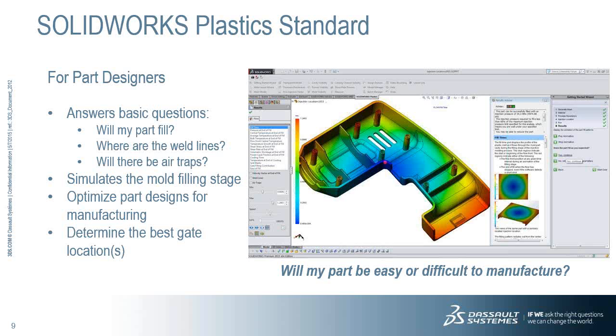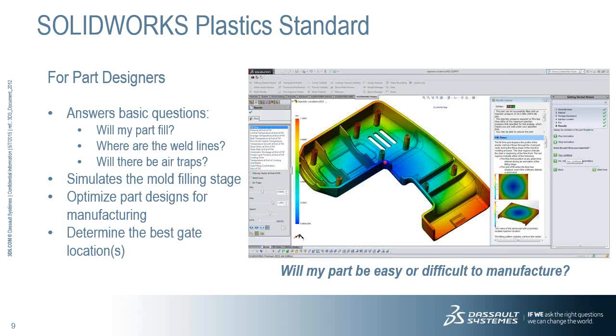And also I can choose the tonnage of the machine I have to load this particular tool on to get this molded without any problems. So these things we see in SolidWorks Plastics Standard, which helps me in studying all these things.